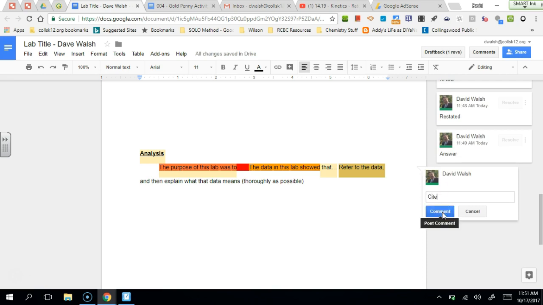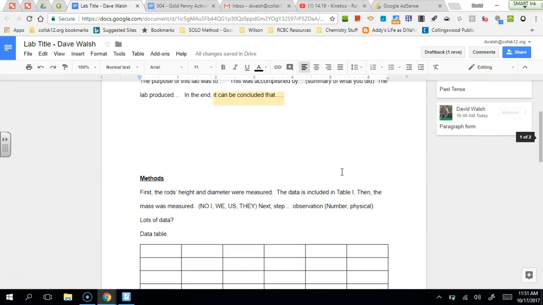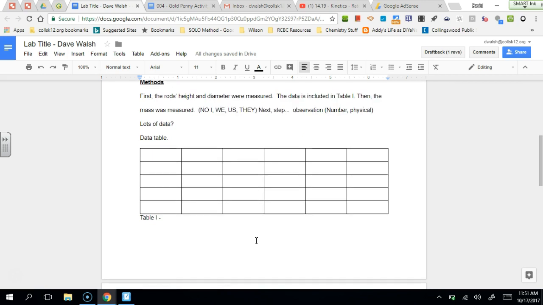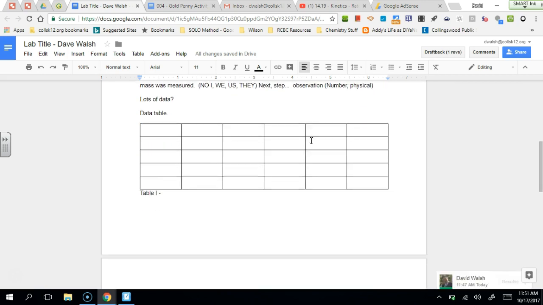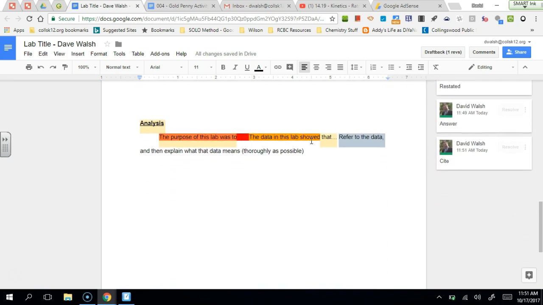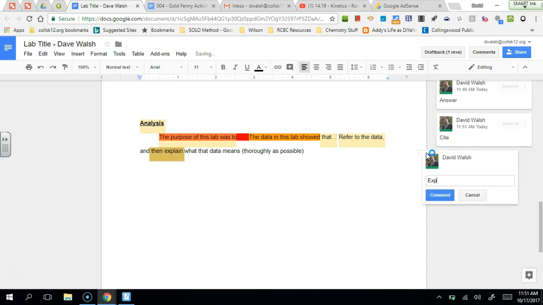In English class, we cite things, and we're talking about citing passages from books or poems. Here in science class, when we cite things, we're going to go back up to the methods section and cite data, data table, observations, whatever it is, to help support our conclusion. And then you want to explain what that is, and of course, this is our explain part.